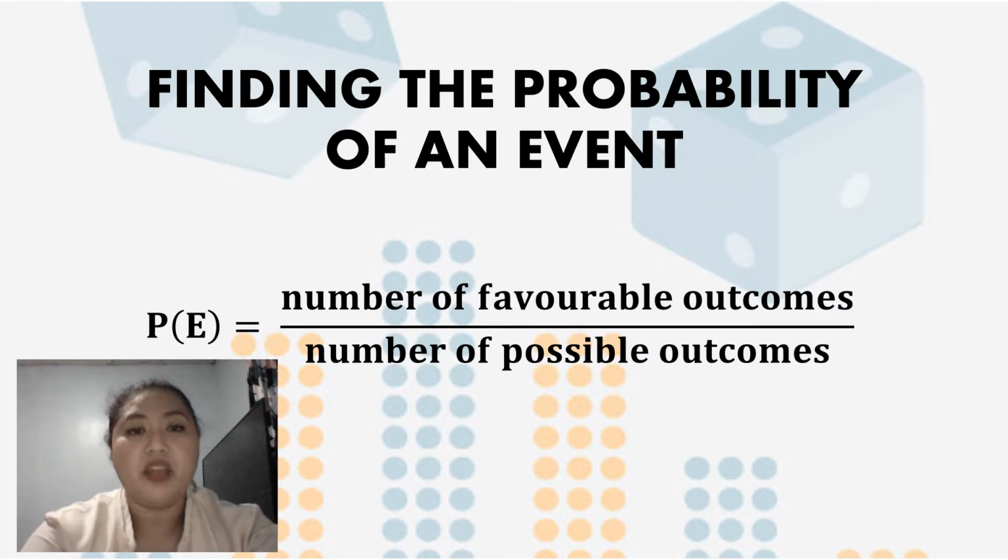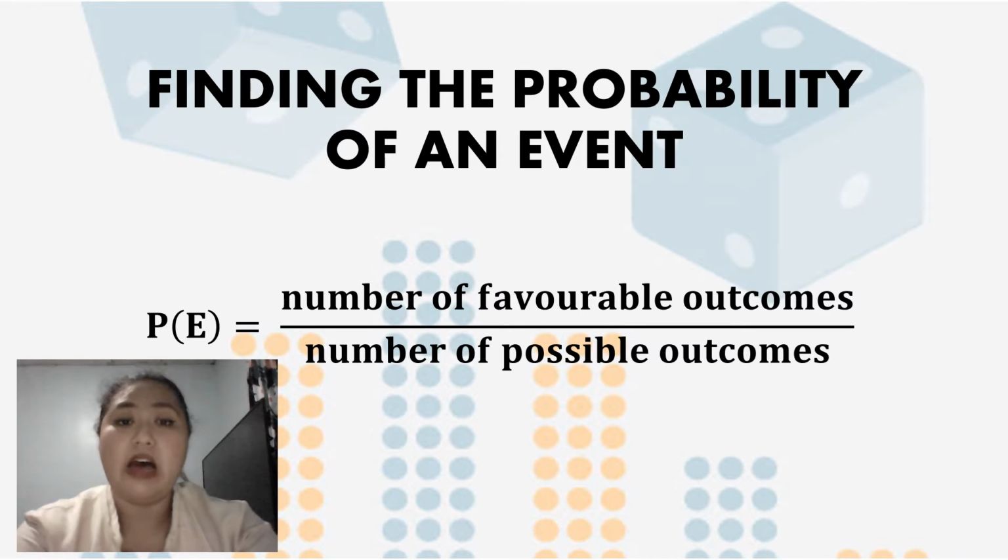So, P of E stands for the probability of event. Okay? So, the outcomes is the possible result of a specific experiment, while an event is the collection of one or more outcomes. So, later on sa mga examples natin, mas ma-identify natin the favorable outcomes and the possible outcomes.